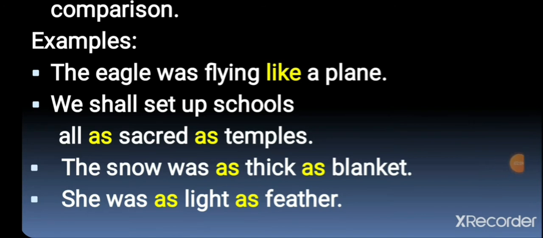In this line students, schools are being compared to temples directly. स्कूल को हमने किसके साथ कंपेयर किया बेटा? टेम्पल के साथ. और सीधा सीधा बोलते हैं डायरेक्टली कि लाइक अ टेम्पल, टेम्पल की तरह है. Okay, in this line students, schools are being compared to temples directly. And students, this direct comparison between two things is called a simile. Okay, direct comparison between two things is called a simile.